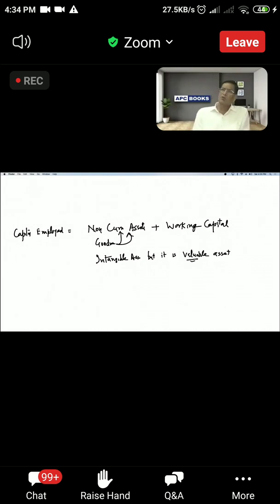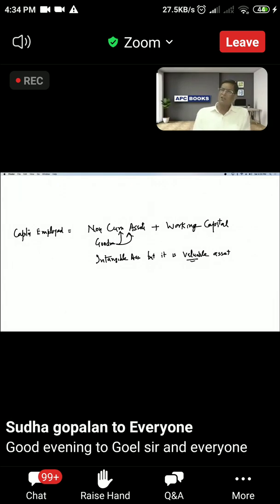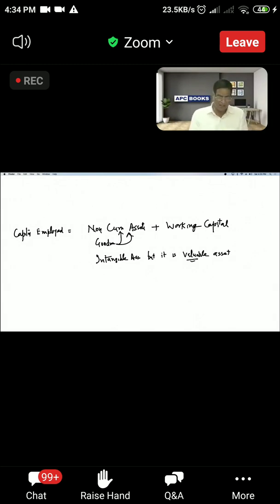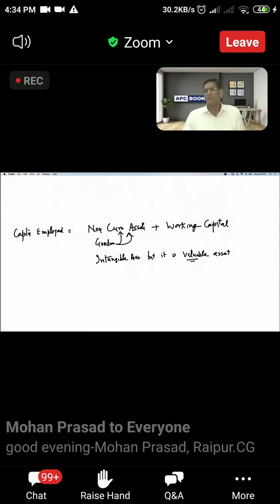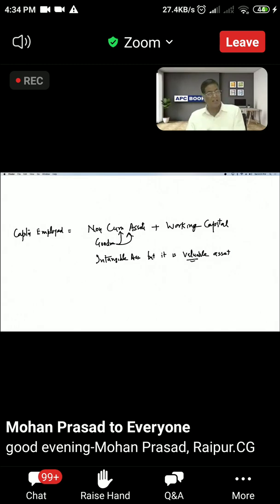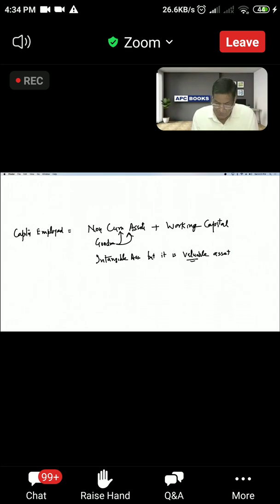Suppose a student puts a question to you: why, sir, why is goodwill added? In partnership, the treatment was different. Here the treatment is different. Actually, here goodwill is appearing because it is purchased goodwill. Otherwise, goodwill would not have been there. And secondly, suppose we purchase a business with sundry assets of 18 lakh.